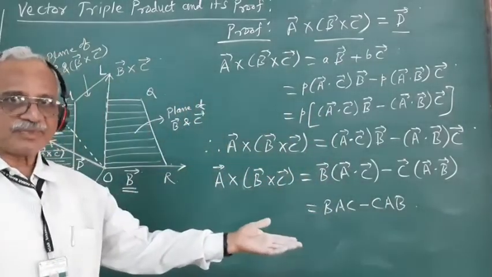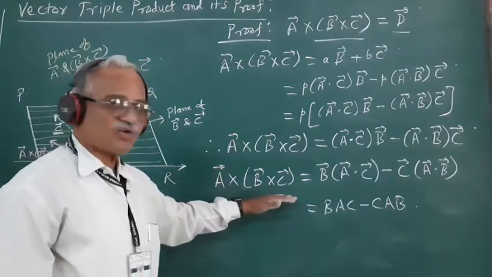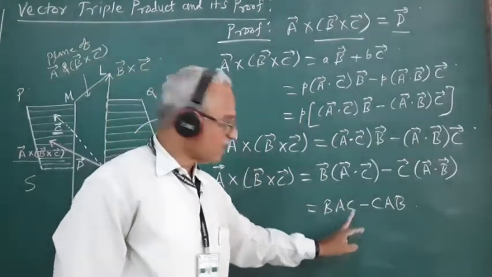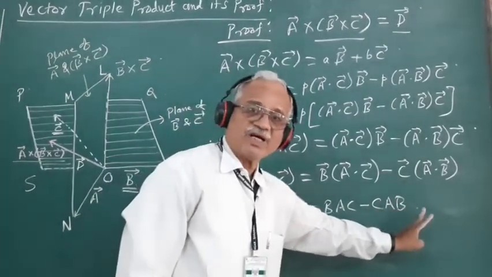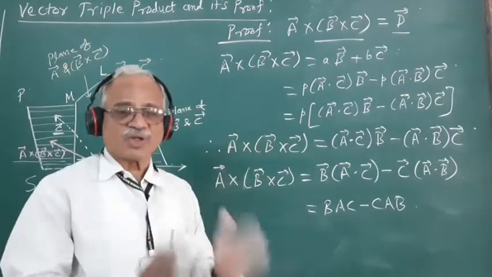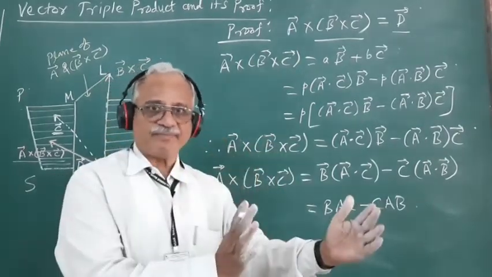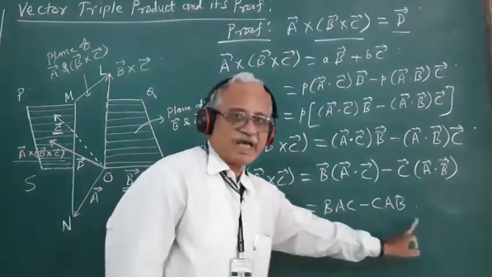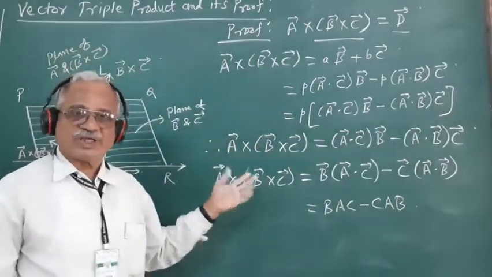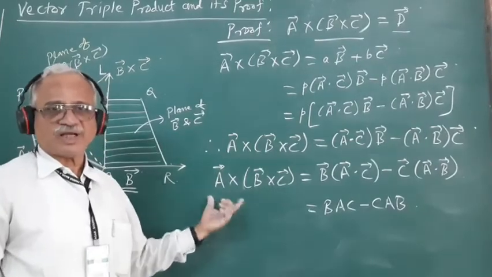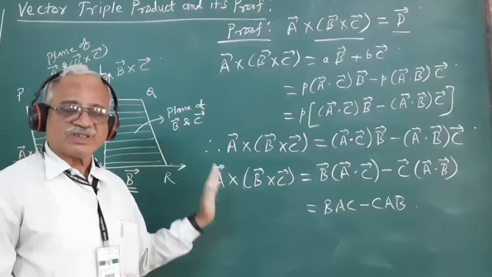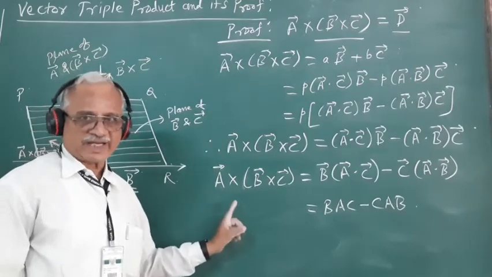So A bar cross B bar cross C bar is equal to B into A bar dot C bar minus C into A bar dot B bar. This is easy to remember, and this vector triple product is sometimes also called the BAC-CAB rule.